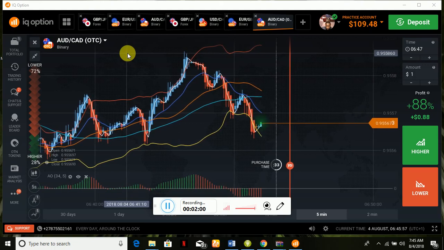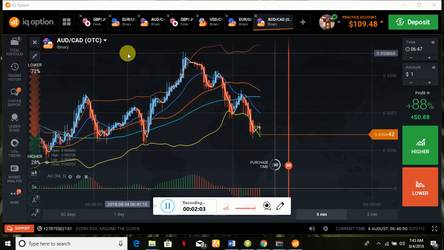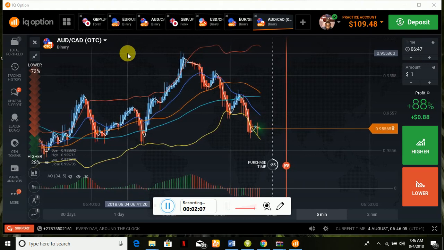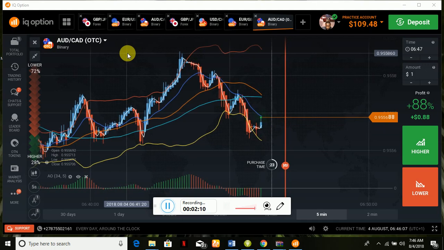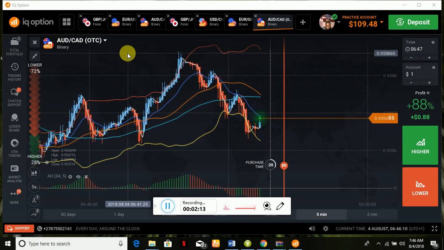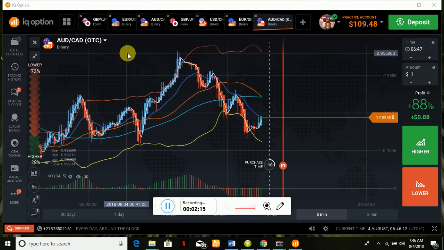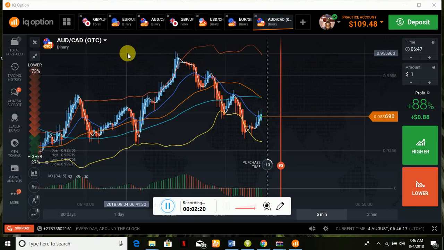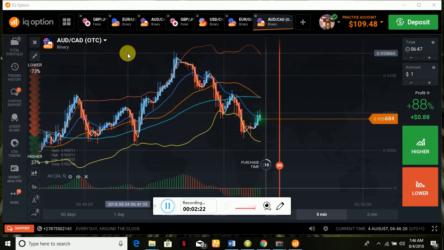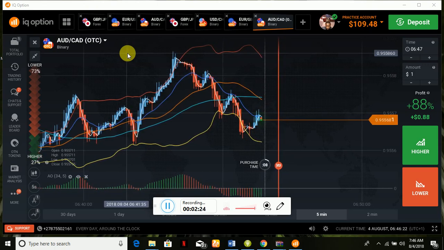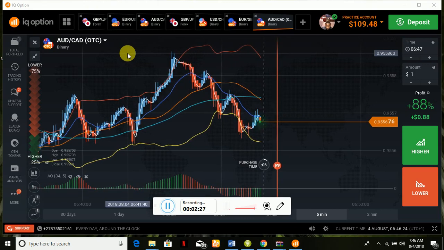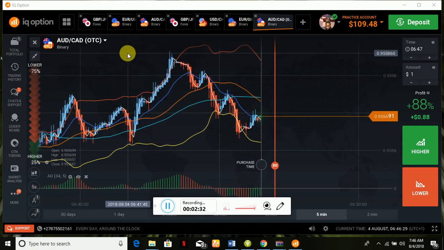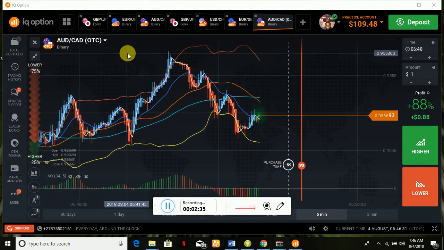So let's begin. The name of the strategy is the martingale strategy. What you're basically doing here is, every time that you lose a trade, you're gonna compound it times 2. So if you placed a trade with $1 and lost, you're gonna use $2 the second time you go into the trade.